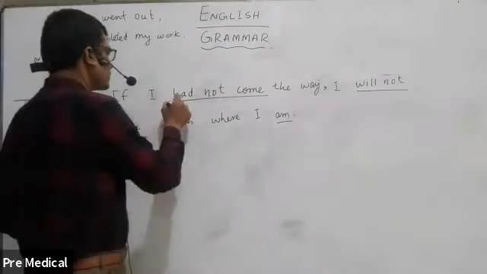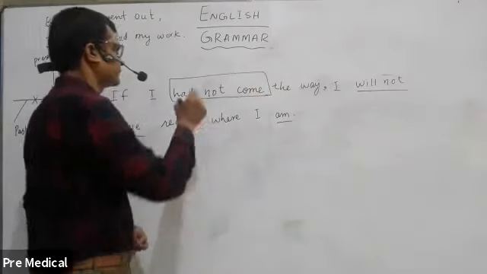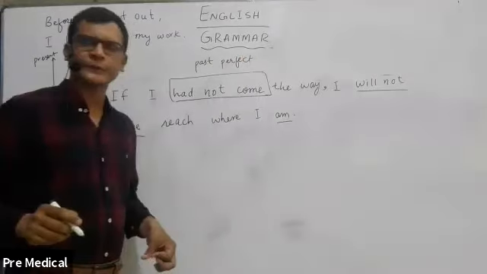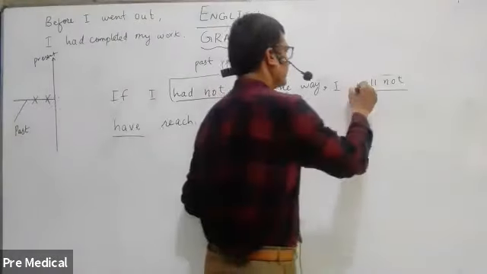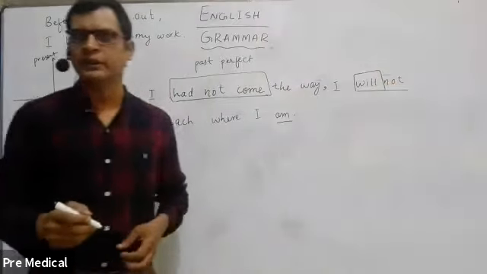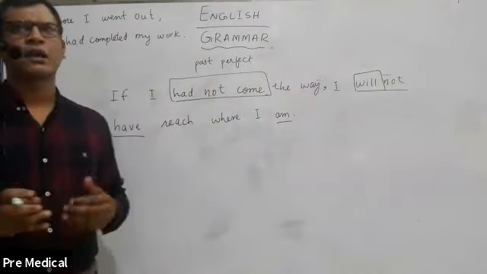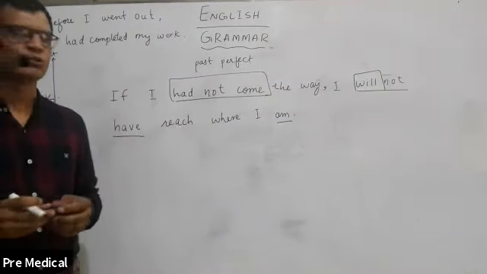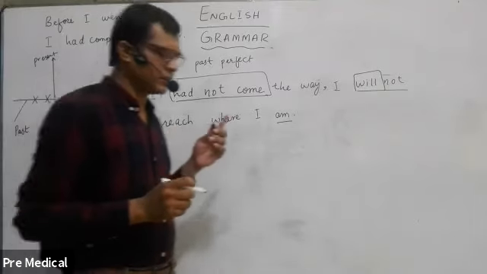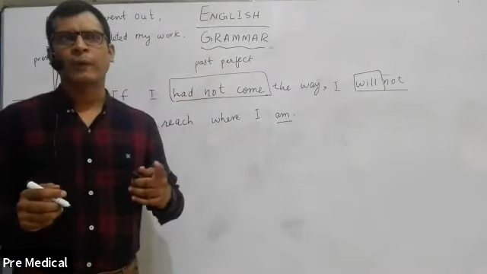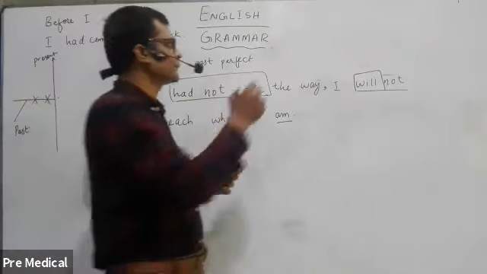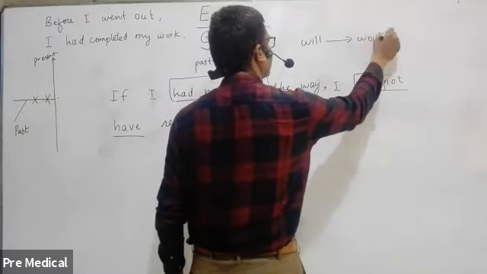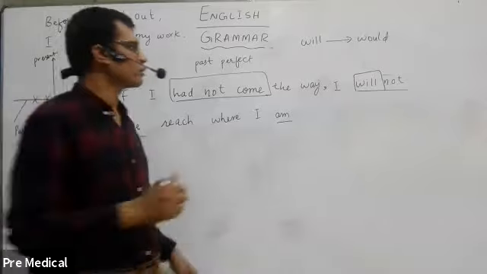Now, if we are using past perfect tense here, there is no way we can use will. It's not a possibility. Why? Because past perfect cannot come with future tense. Will is representing future, so we have to think of the past of will. Will, if it is used in past, changes into would. So this would be like I would not have.